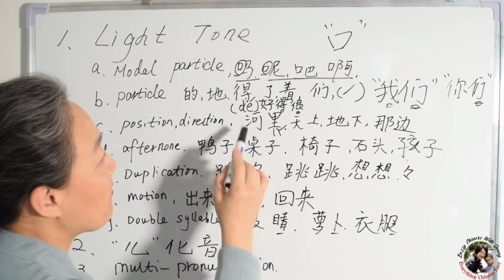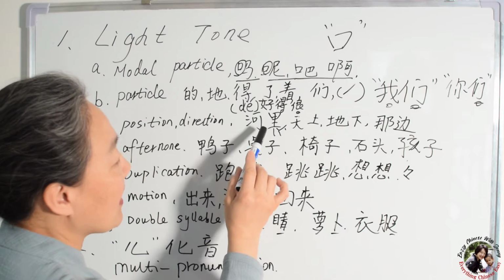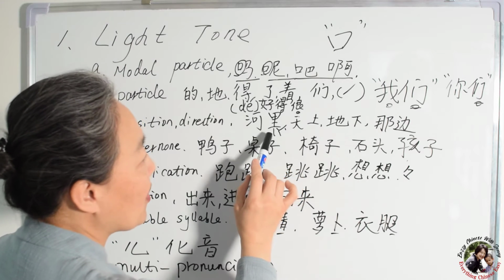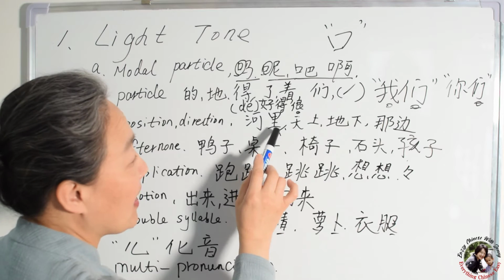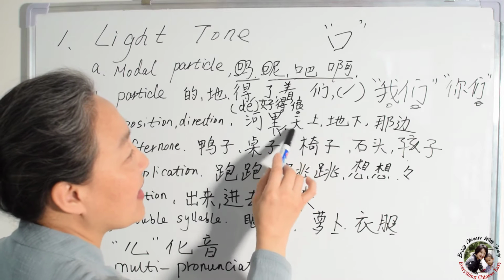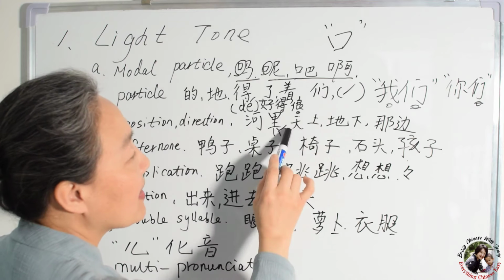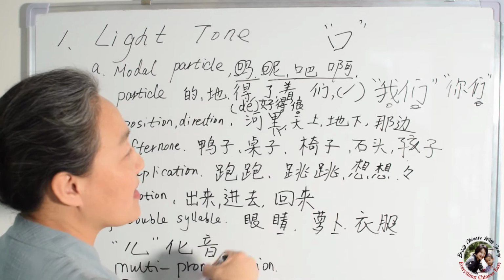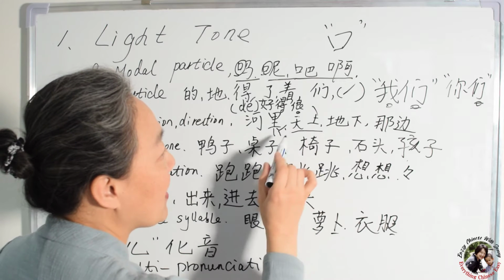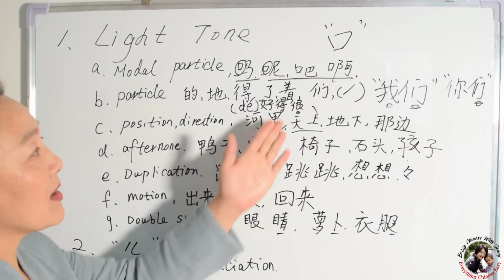However, if you say 河 is river, inside of the river, 河里, you pronounce it with a very light touch. 天上, in the sky. 天 means the sky, right? Up there in the sky. 天上. 上 itself is the fourth tone. However, in this word, you don't say it with the fourth tone.